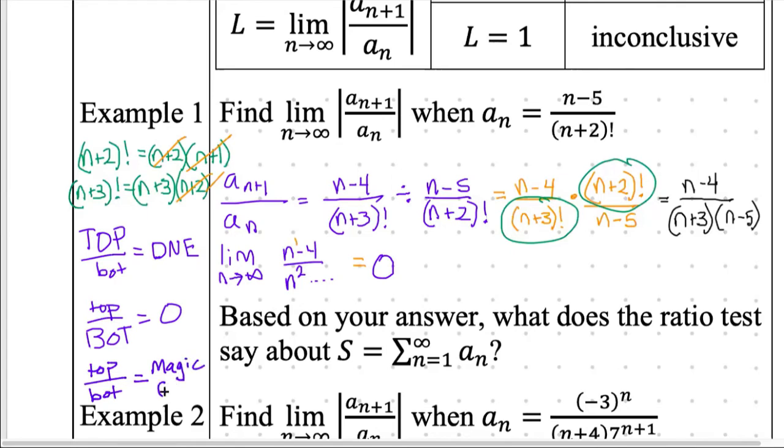Magic fraction is just look at the coefficients of the highest degree terms, and it's whatever those coefficients are. So for example, if the fraction was something like 3x squared over negative 2x squared, then the magic fraction states that this is 3 over negative 2. You just take the coefficients here.